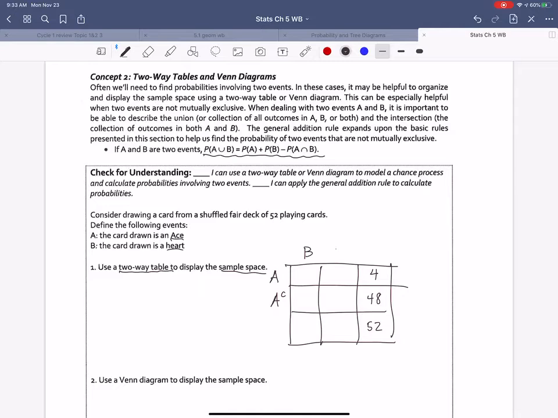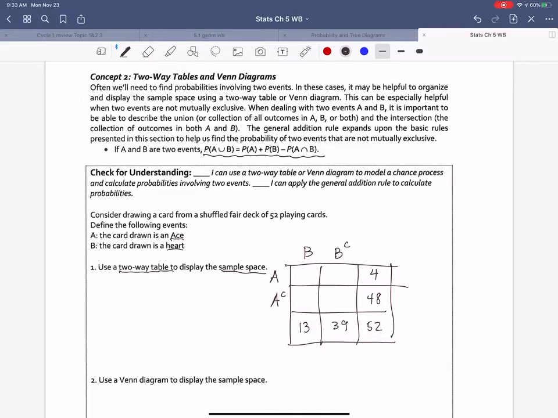And as far as event B, we know that there are 13 hearts in the deck, which means that there are 39 non-hearts. So that would be a spade, a club, a diamond, right?